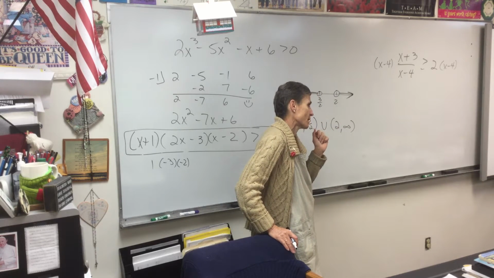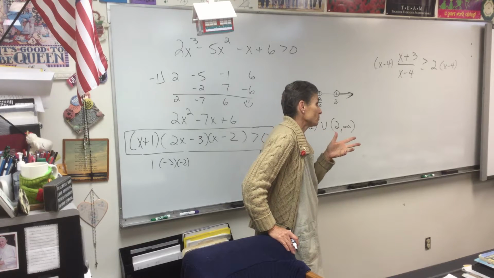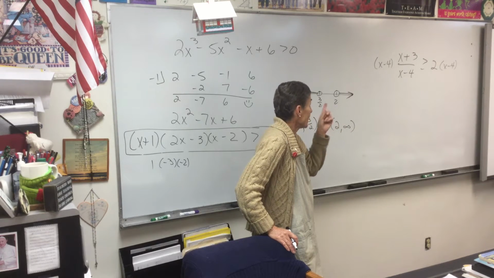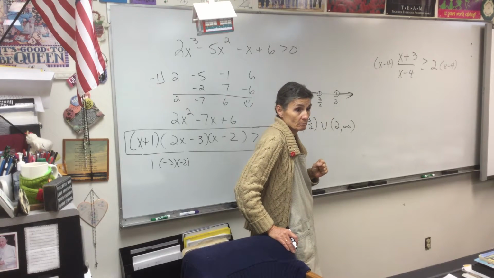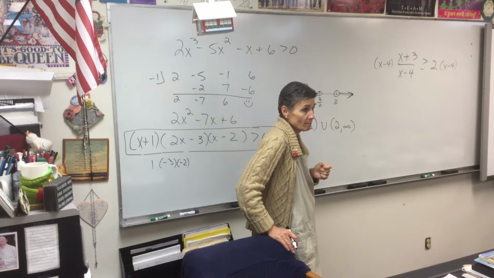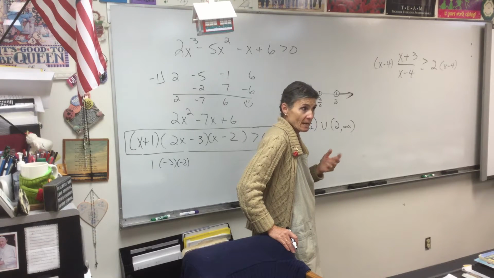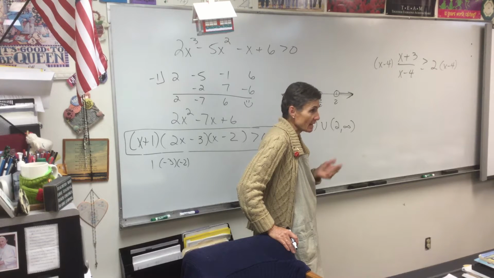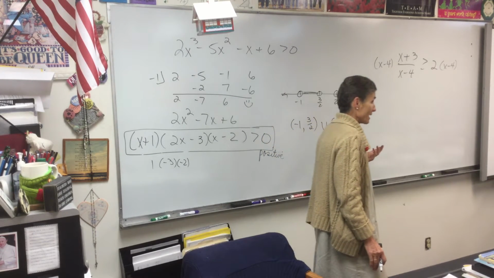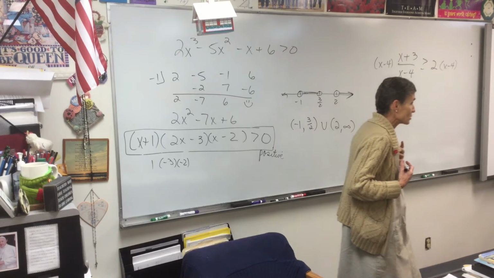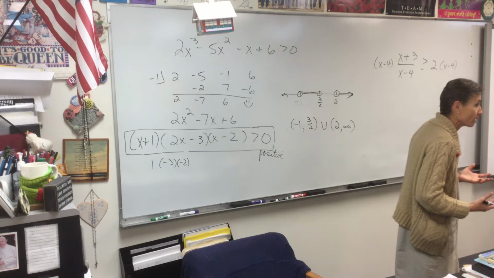When do we change the sign? When you multiply or divide by a negative. Okay, wait a minute. X minus 4. Could it be positive? Could it be negative? Do I have any idea which one it is? So I can't multiply by it because I don't know whether I should leave the sign the same or change it.